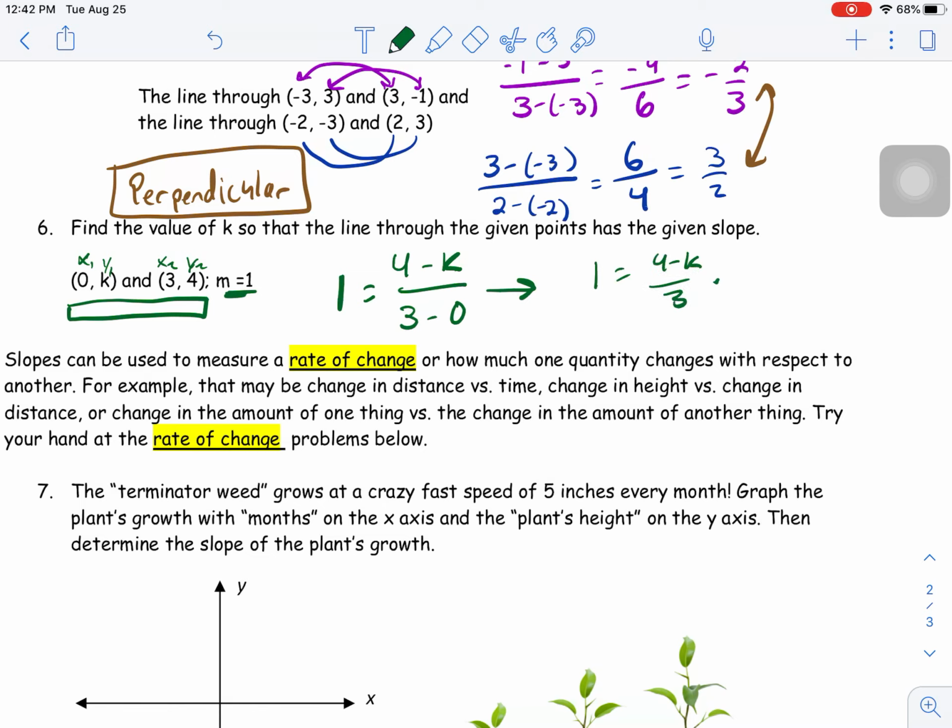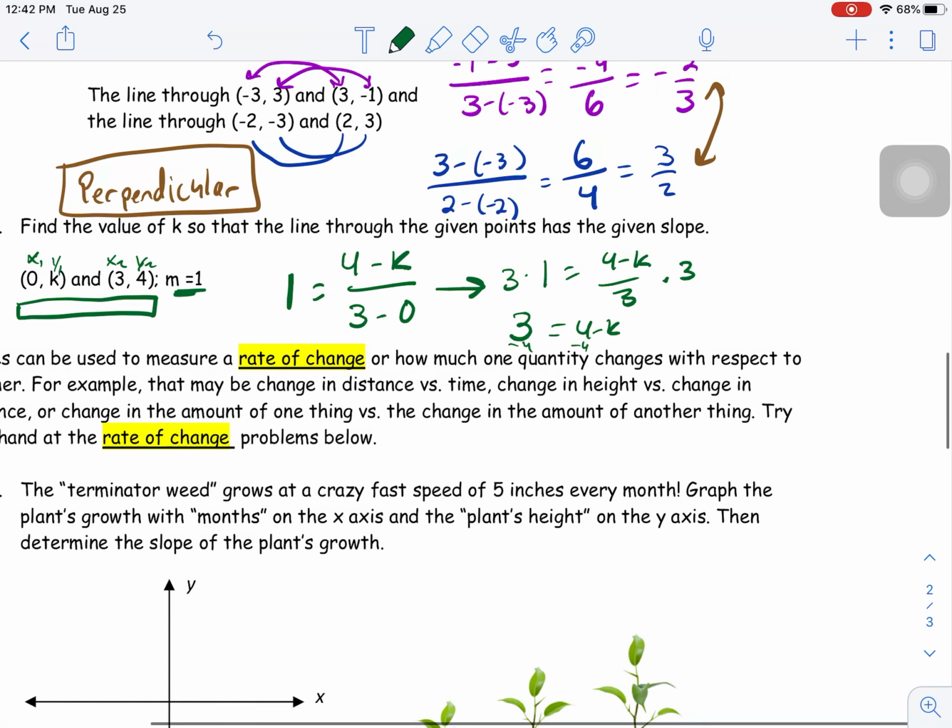So we have 1 is equal to 4 minus k over 3. Multiply 3 to each side, gives us 3 is equal to 4 minus k. Subtract 4, and that would give us negative 1 is equal to negative k, sorry. And divide by negative 1 from both sides, and we get 1 is equal to k.